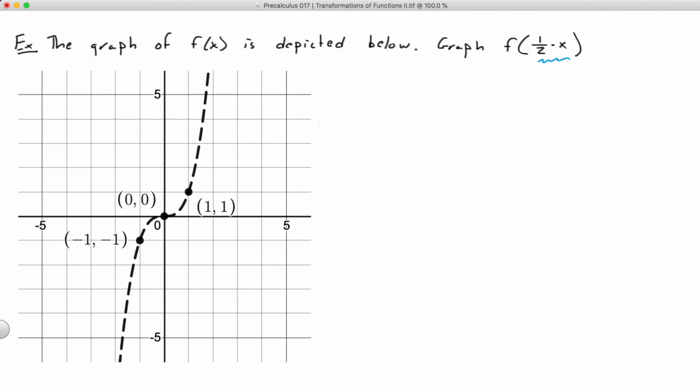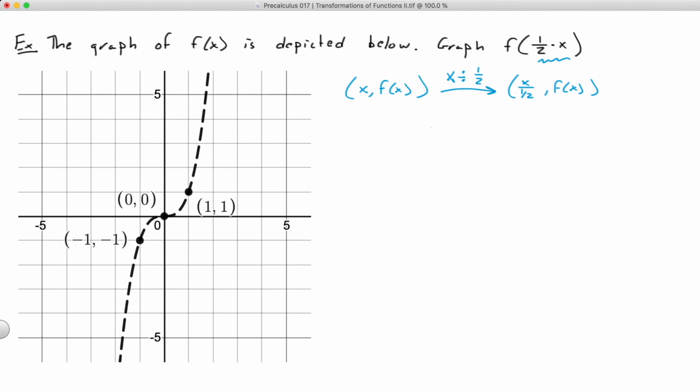And so what we'll need to do is, starting with x comma f of x, we'll need to transform this by taking x divided by c, or in this case, divided by 1/2. This will give us x over 1/2 comma f of x as our new coordinate pair for the graph of the function f of 1/2 x.